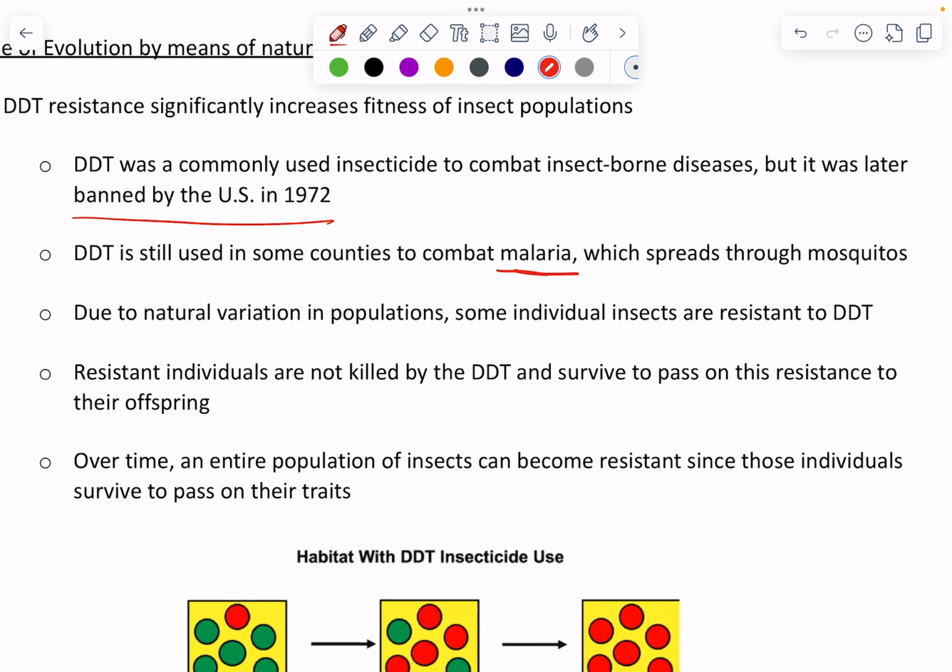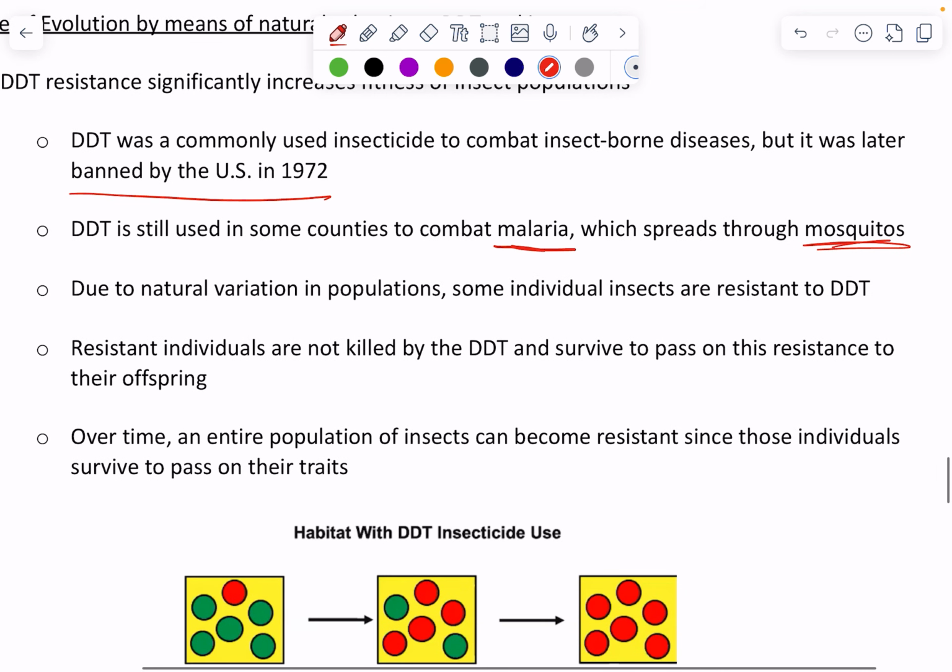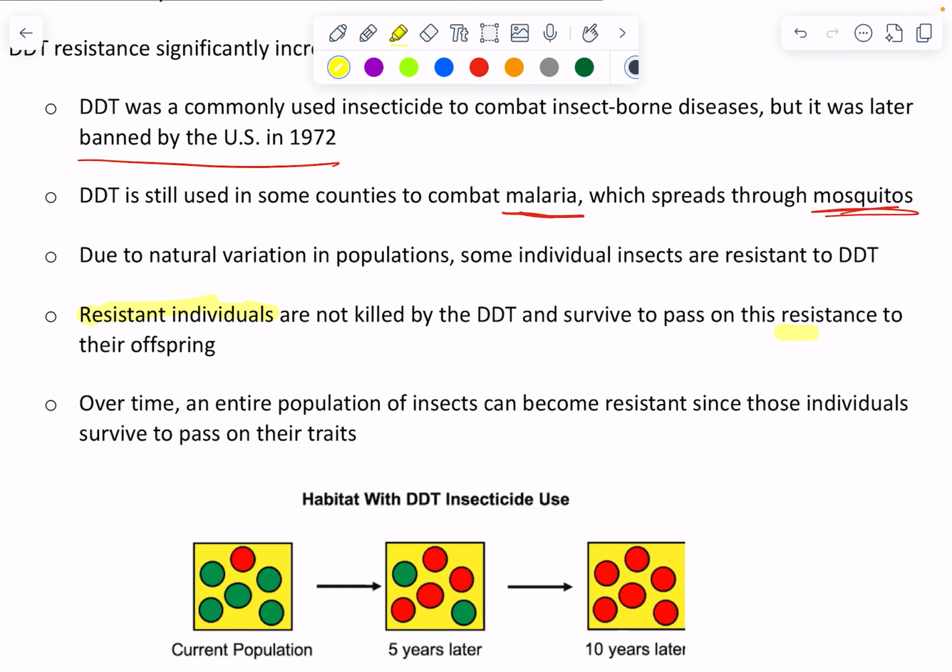DDT is still used to kill mosquitoes, which can bring across malaria. But if you're spraying thousands and thousands of individuals with DDT, there's a chance that one of those insects is already resistant, or maybe has a slight resistance to it. All of the ones that are vulnerable to DDT die off and don't reproduce. The resistant ones are the ones that are surviving and passing on their resistance to their offspring.